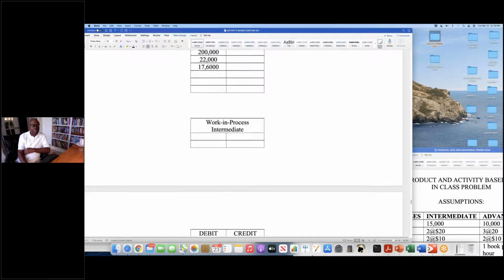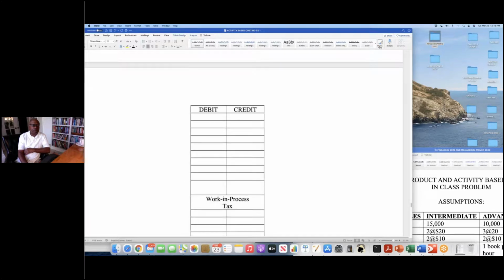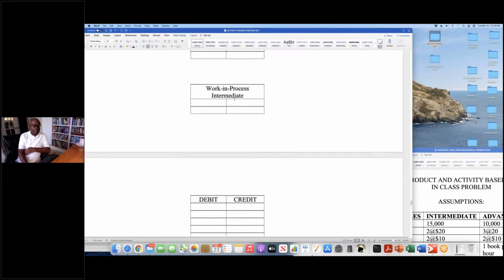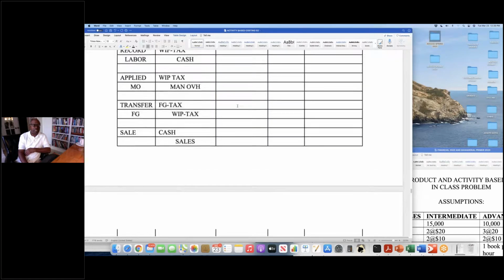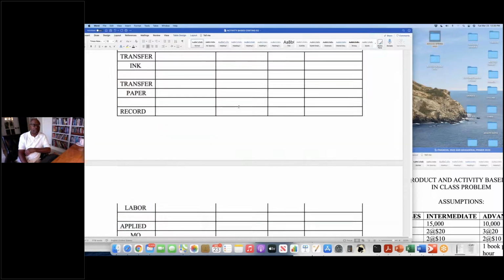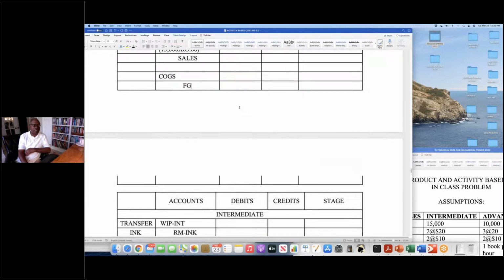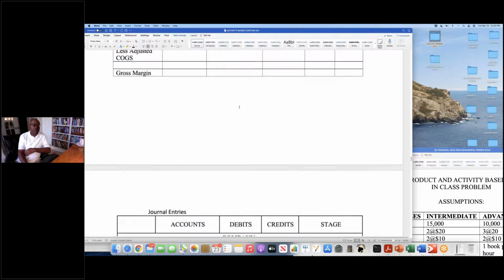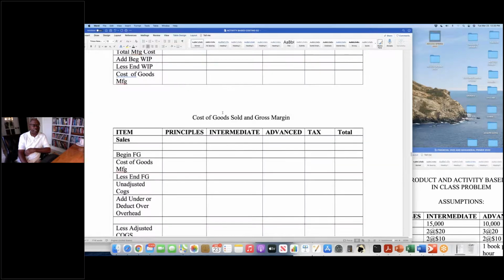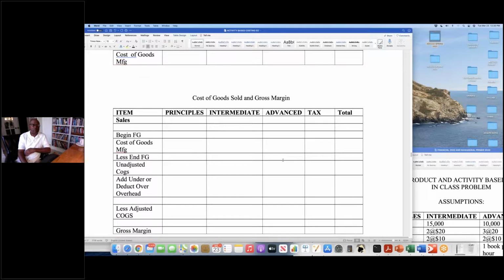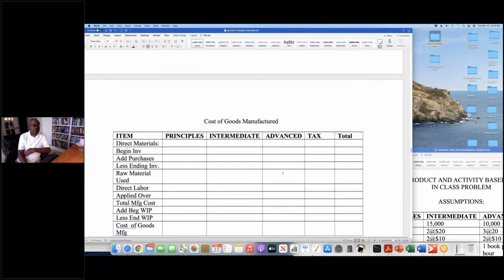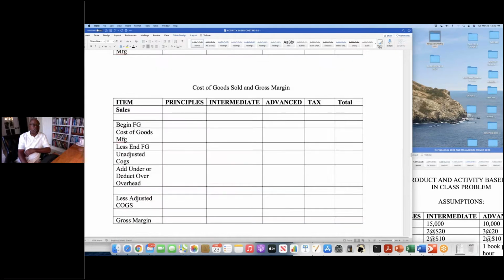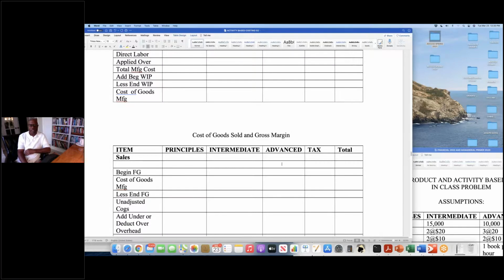At the end of the day, you're responsible for all of those T accounts and getting information to me. Well, not so much on a total basis, but you've got to pull that information out of each T account and do the cost of goods manufactured statement. And cost of goods sold picks up once they get this information. They go and complete this. Okay.